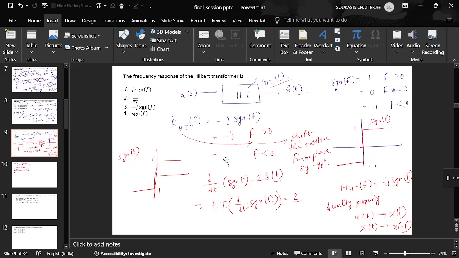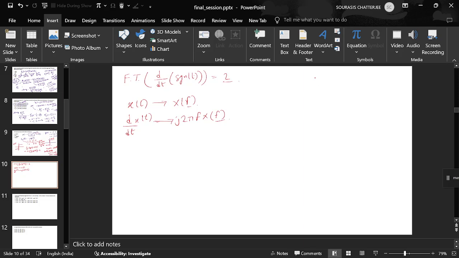So we have this Hilbert transform, that is minus j sin minus f.